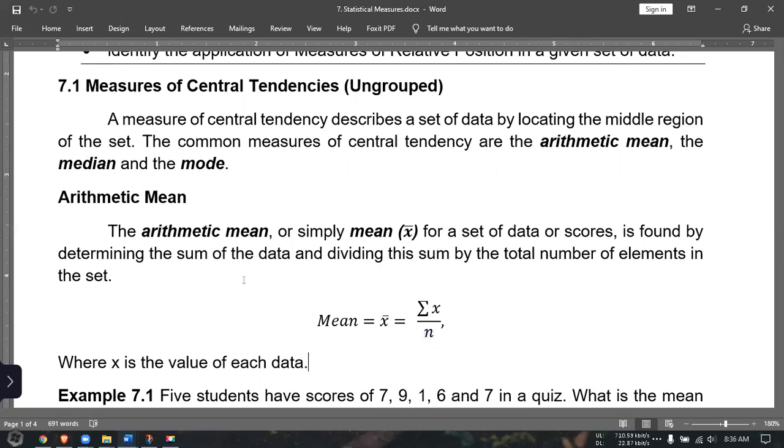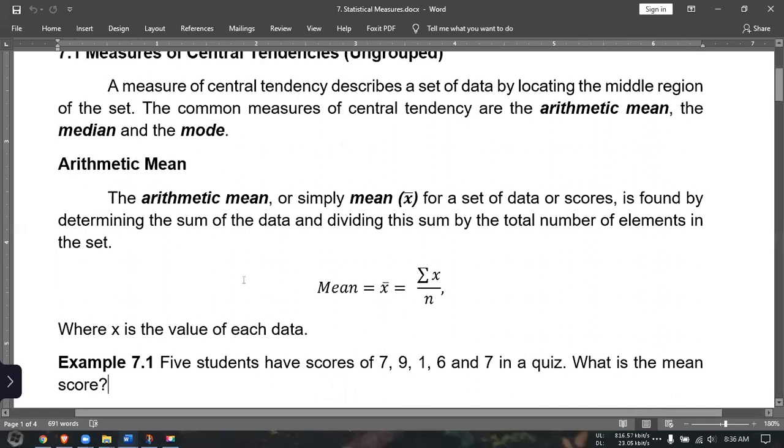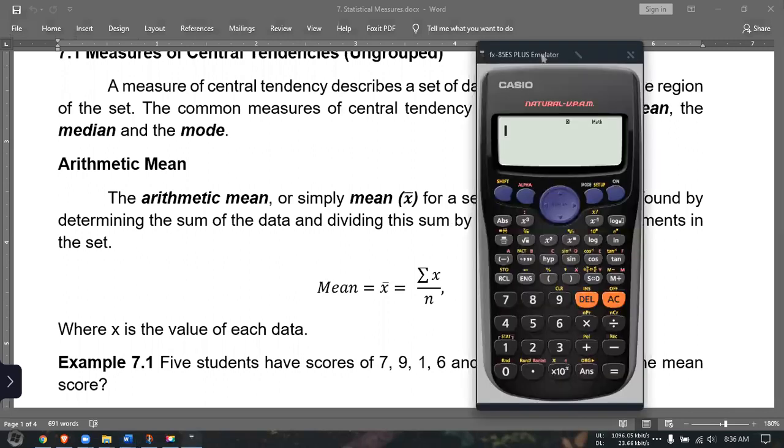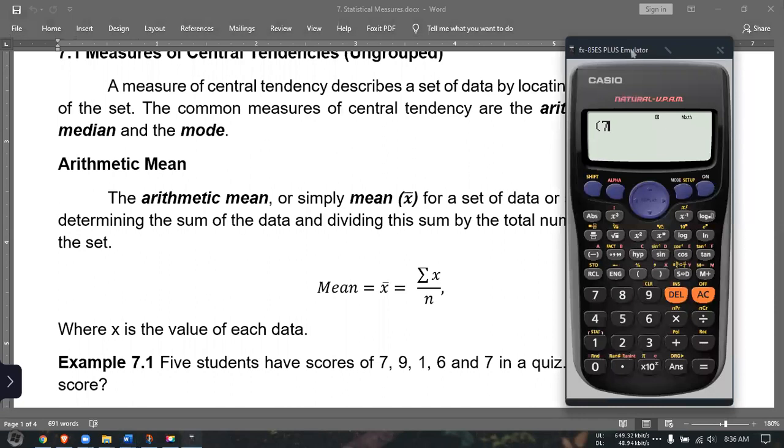For example, number 1: 5 students have scores of 7, 9, 1, 6, and 7 in a quiz. What is their average score, or mean score? Applying the definition, all we have to do is get the sum, 7 plus 9 plus 1 plus 6 plus 7, and divide this by how many students? 5.